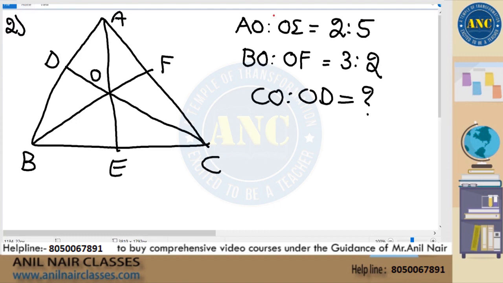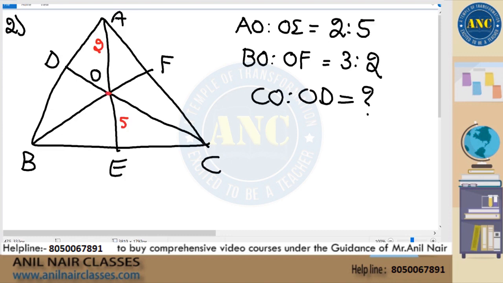So AO is to OE is 2 is to 5, BO is to OF is 3 is to 2, and CO is to OD. First, AO is nothing but 2, OE is nothing but 5. That means AE is nothing but 2K plus 5K, which is 7K, so AE should be a multiple of 7.